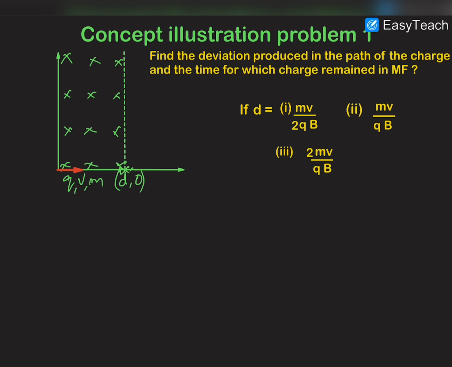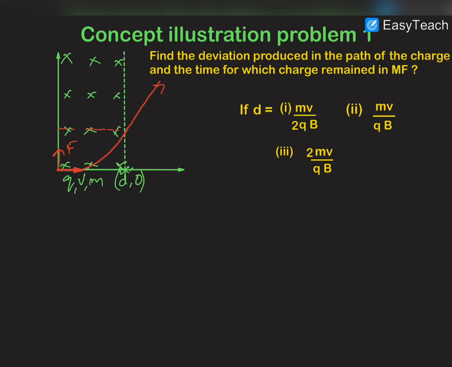So let us draw the path. Let us see that the force would be, you can apply the Fleming's left hand rule, and you can see that this force would be acting in the upward direction initially, and therefore it would start to bend like that, and at this position it would go in a straight line, because we are assuming that it escaped from the magnetic field.